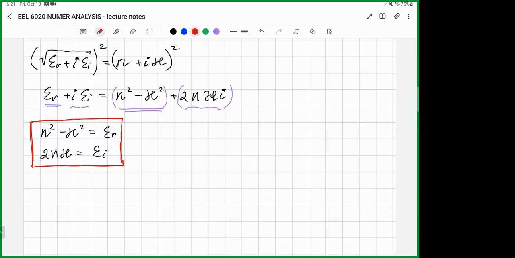They present the material parameters as this refractive index n and kappa, not the epsilon real part and imaginary part. This is simply because n and kappa are much easier to measure.